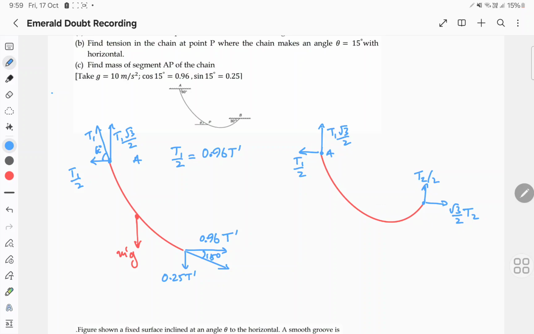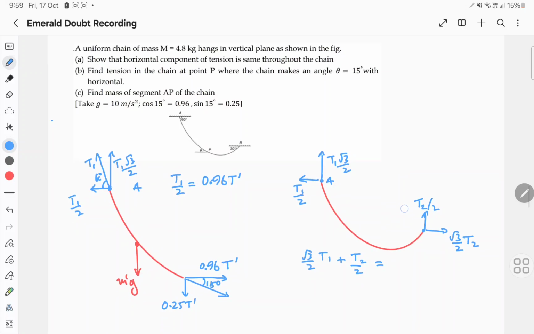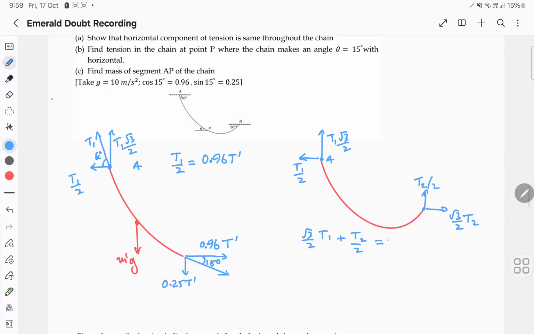Now using the weight of the chain, T1 root 3 by 2 plus T2 by 2 is equal to M into G, where G is 10, so 48 Newton. Using the horizontal component, T1 by 2 is equal to root 3 by 2 T2. So root 3 T1 by 2 will become 3 T2 by 2.